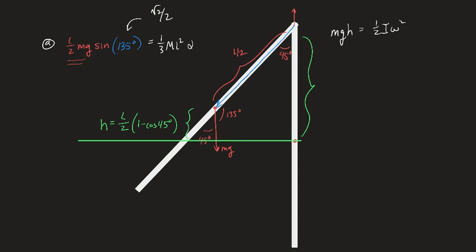All right. So, mg L over 2 times 1 minus cosine 45 degrees equals 1/2 times 1/3 ml squared times omega squared. There's something pretty here.